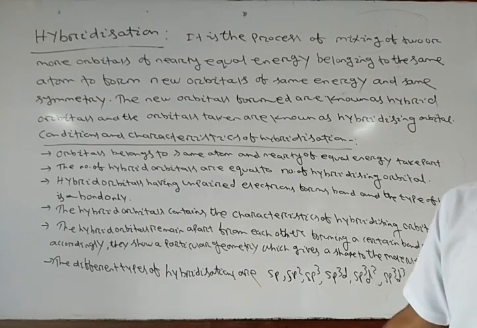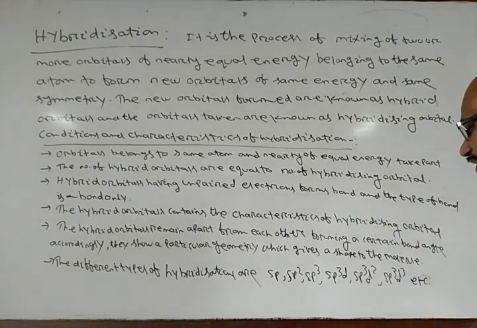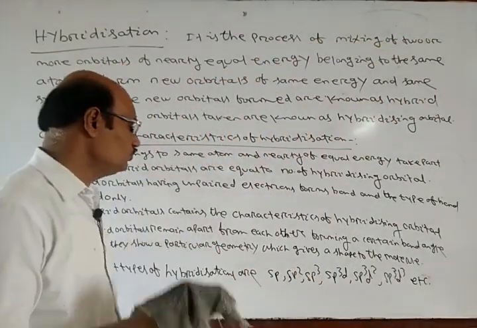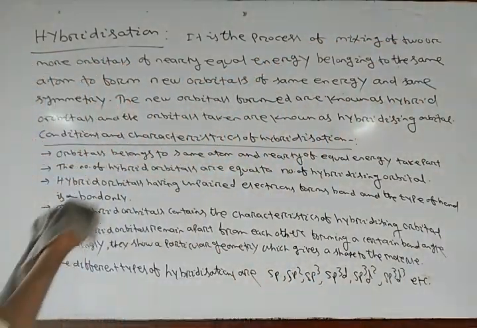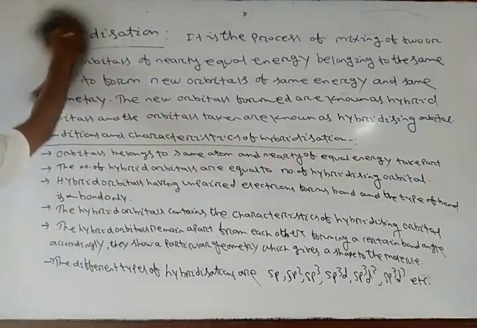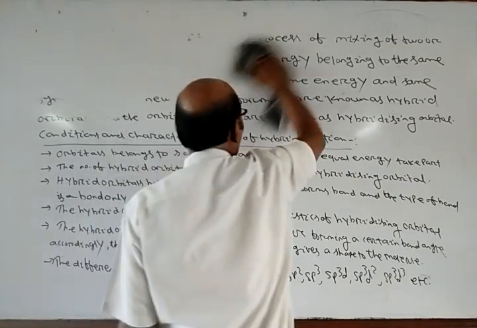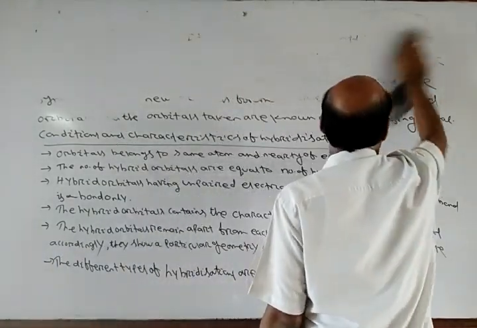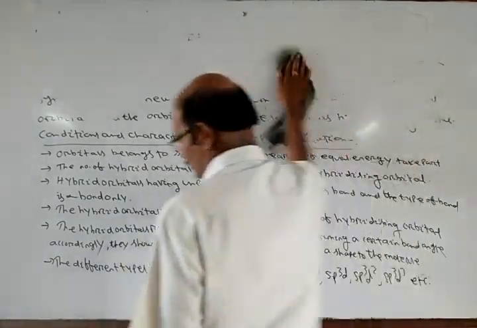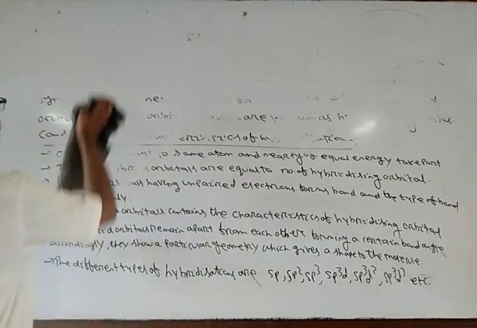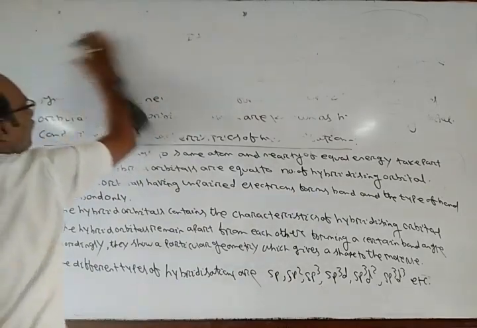And the different types of hybridization are sp, sp2, sp3, sp3d, sp3d2, sp3d3, and so on. Now we will discuss the hybridizations one by one. First of all, we will discuss sp hybridization.